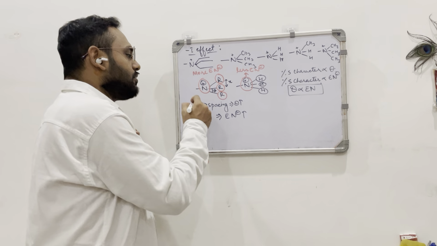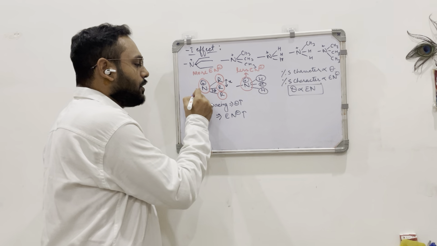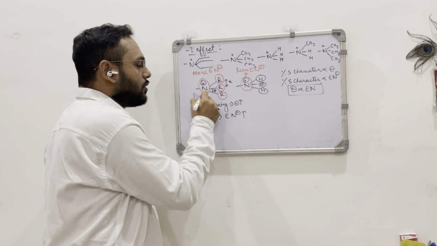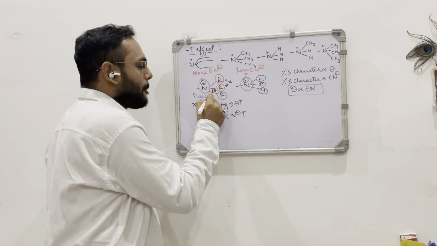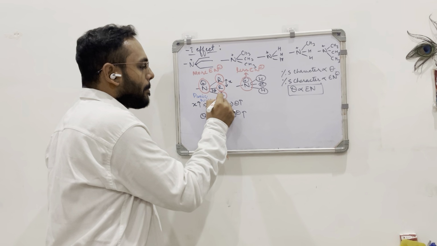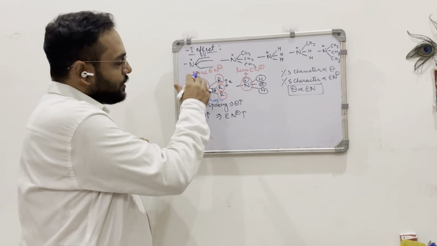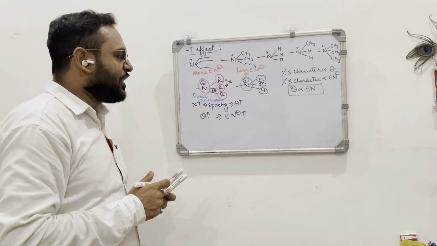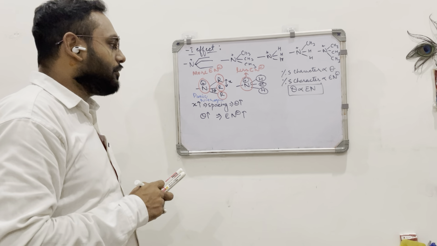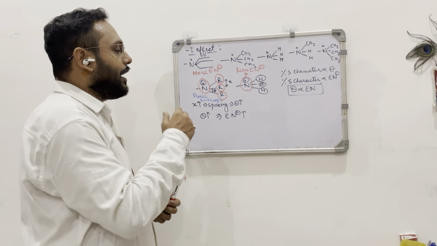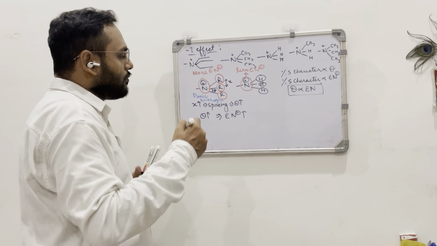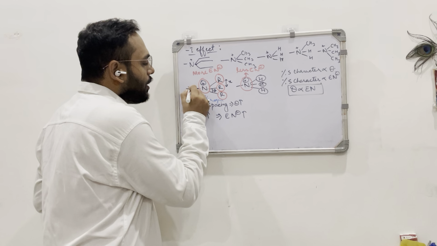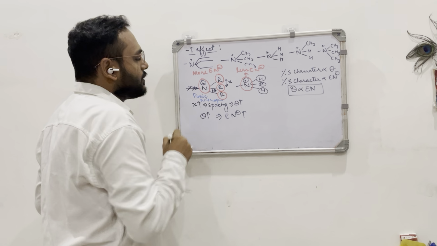Now in some books this nitrogen is also referred to as panicking nitrogen. Panic nitrogen. This nitrogen is in a state of panic because it is more electronegative, and it is having a positive charge. So what it will try to do, it will try to attract more and more electrons toward itself to decrease its positive charge.